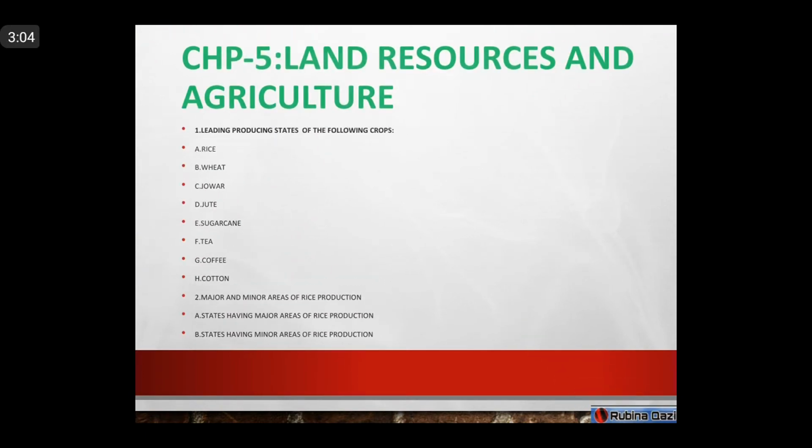Okay, then the chapter 5, where number of questions are given, and the chapter is land resources and agriculture, in which you can see that leading producing states of the following crops like rice, wheat, coffee, jowar, jute, sugarcane, cotton, some cereal crops and some cash crops.